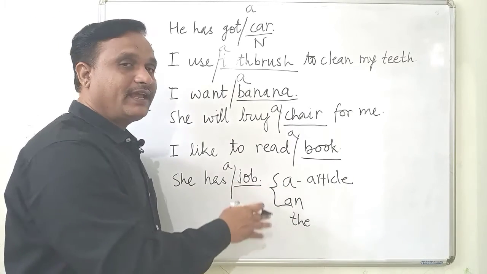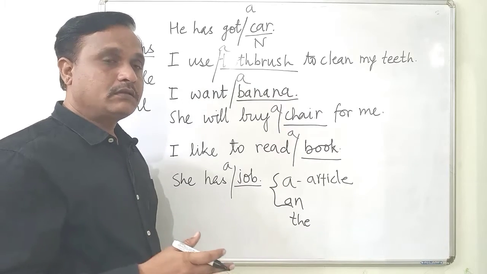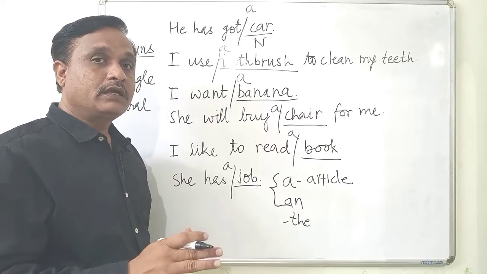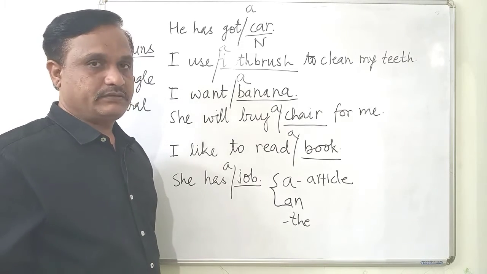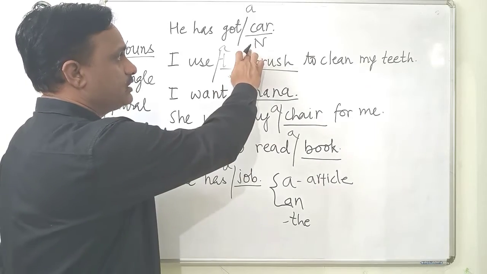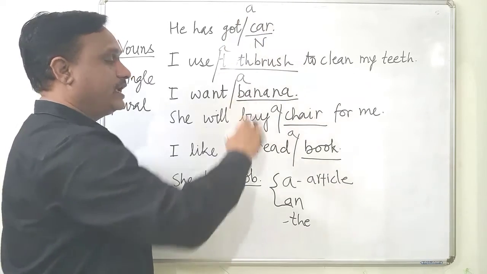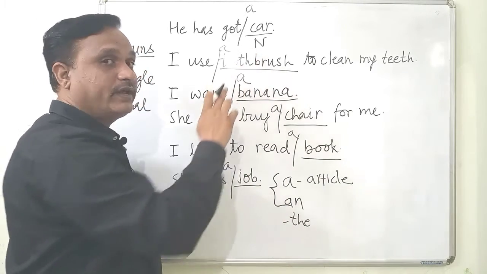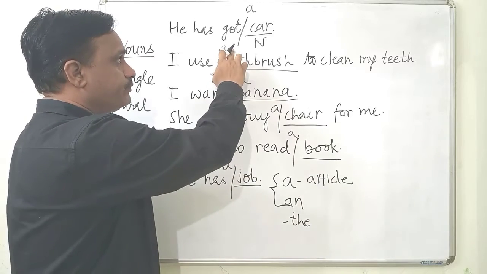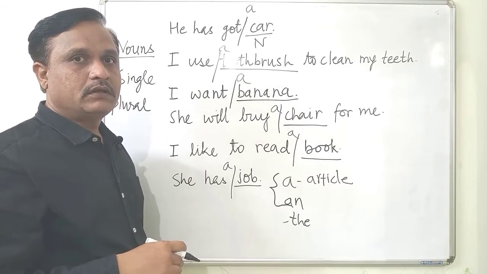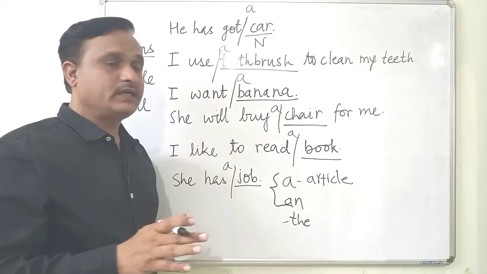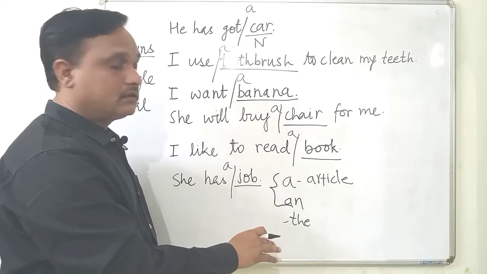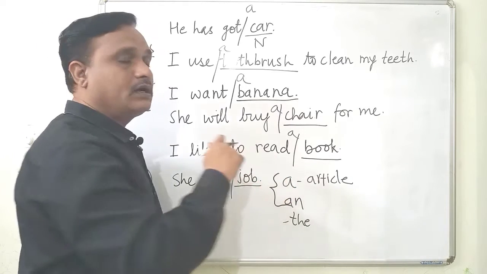When to make use of a and when to make use of an, and the other article the, we will study in detail in some other lesson. But for the time being, we are focusing on these nouns and the article a or an. We know now that a common noun, when it is single, takes an article a or an.